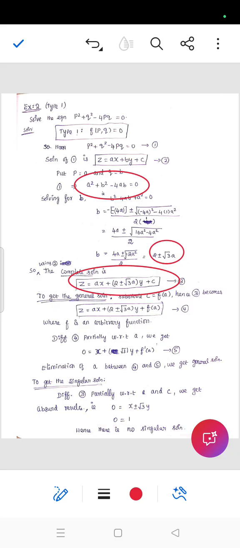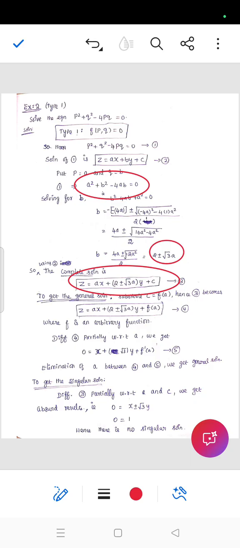So f of a போட்டீங்க அப்படின்னா அது arbitrary function. So அப்போது complete solution 3 என்னவா மாறிடும், எல்லாமே a variable க்கு மாறிடும். அதில் இருந்து நம்ம என்ன பண்ணணும், partially differentiating the equation number 4 with respect to a அப்படிங்கும்போது we will get 0 equal to x plus some function of a into y plus f dash of a. இந்த 4 and 5 ல என்ன பண்ணணும், eliminating a, a வே இல்லாத மாதிரி கொண்டு வந்தீங்கன்னா we will get the required general solution.